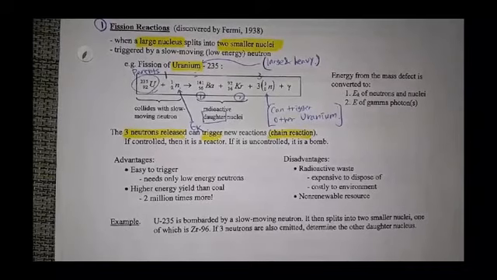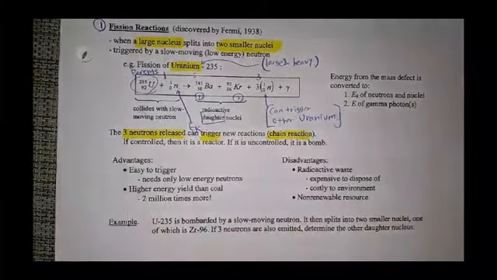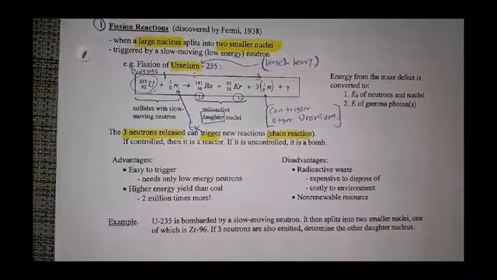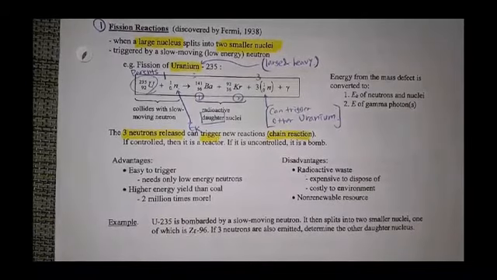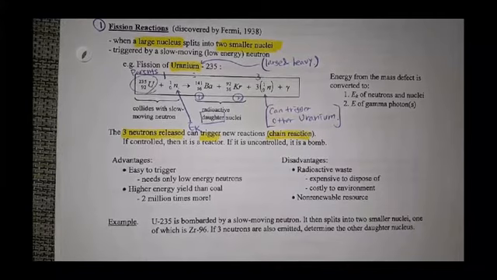If, however, this is very, very finely controlled, then this is how nuclear power reaction can happen. So a nuclear power plant can generate it. If it's uncontrolled and releases massive energy at once, then it becomes what we know as an atomic bomb.